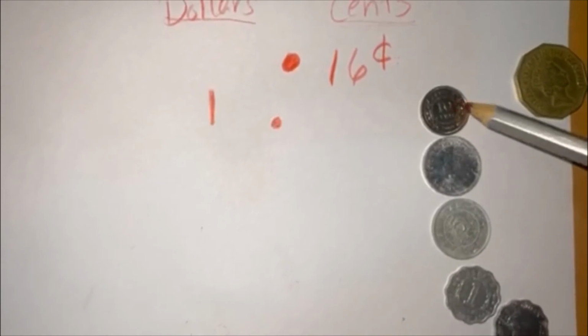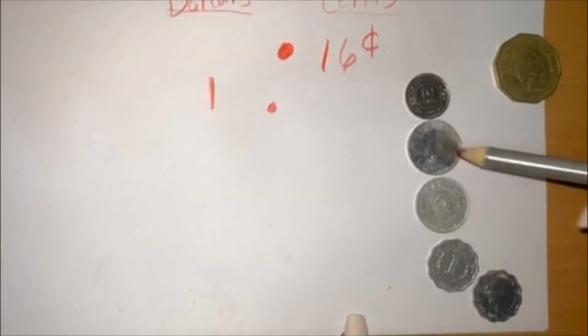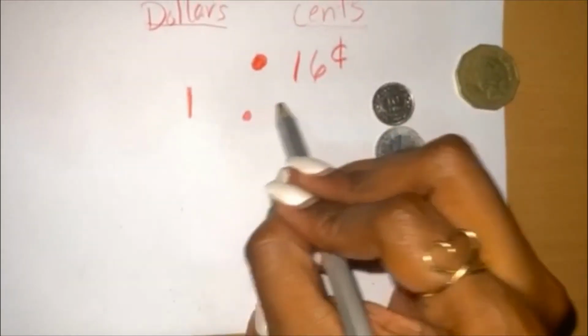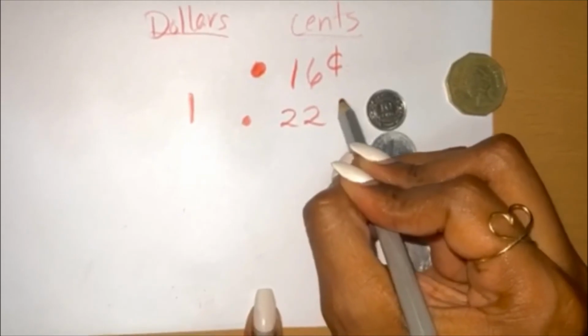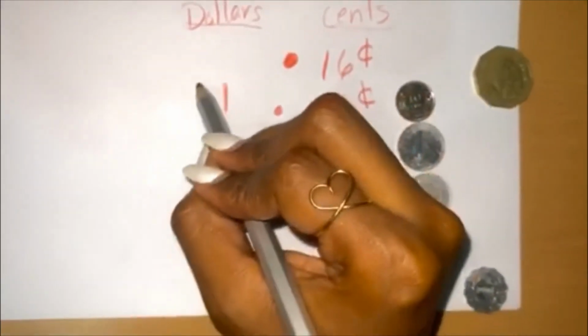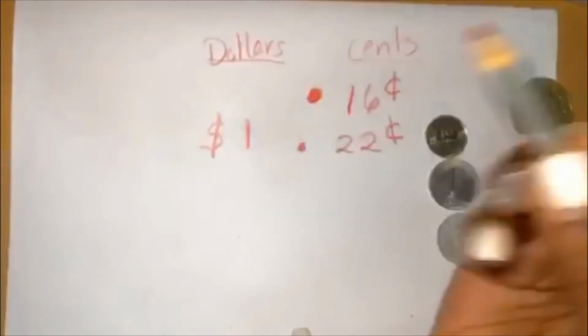Okay, so this is 10 plus 5, 15 plus 5, 20. 10, 15, 20, 21, 22, because these are 1 cent. So I have $1.22. I want to put my cent sign, it's like a C with a line through it. And I also want to add my dollar sign, which is like an S with a line through it.